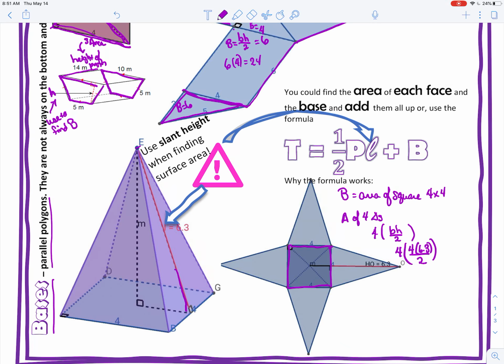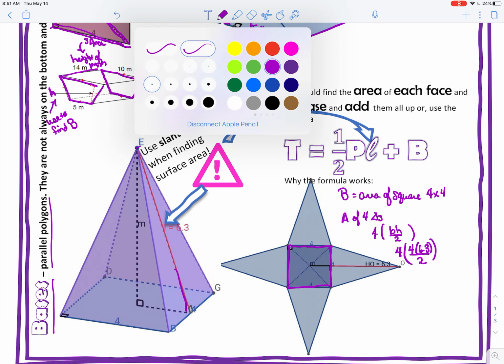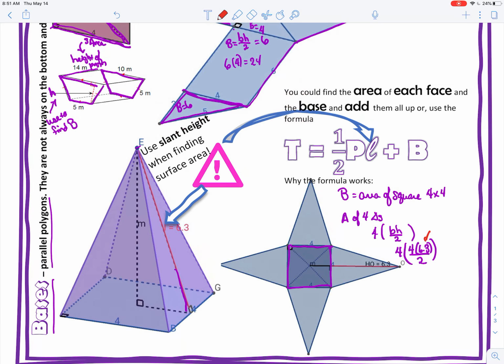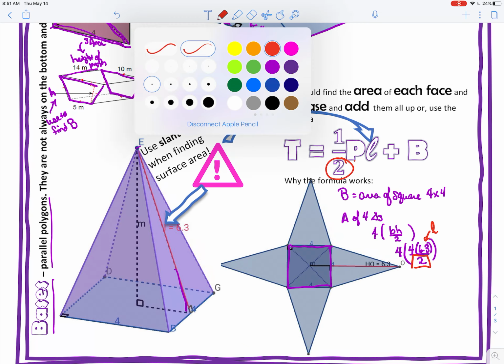So why does that work to become 1/2 PL? Well, our L is the 6.3. And so we can see that there. We see the 1/2, we're dividing by 2. And so isn't the perimeter of this particular figure 4 by 4 or 16? 4 plus 4 plus 4 plus 4. And that's why the formula works.